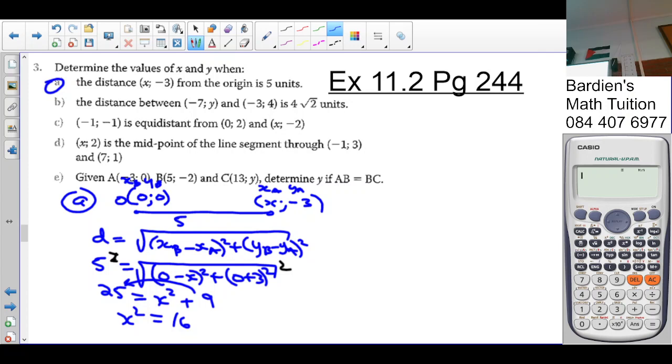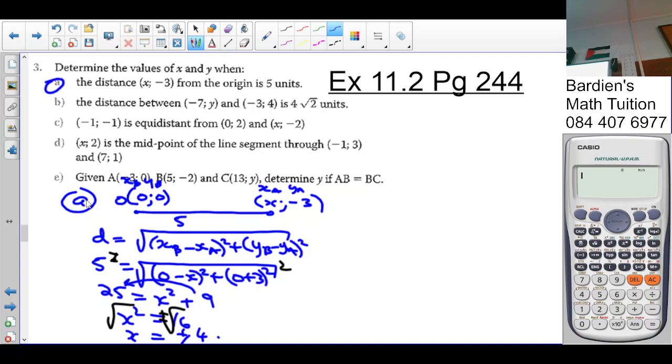Square root. If I introduce square root, what must I not forget? Plus minus. So x is equal to plus minus 4. Okay? So if you substitute, if you use xa to be 4 or minus 4, you will see you'll get the distance of 5.